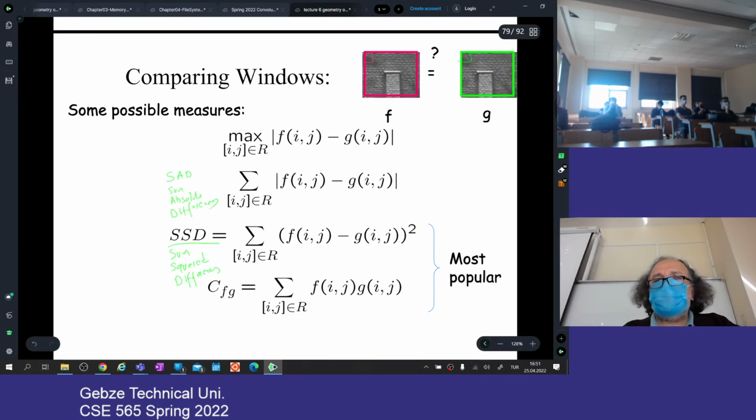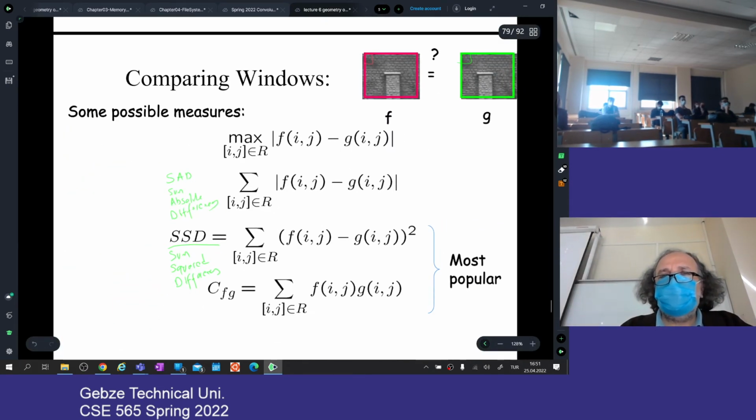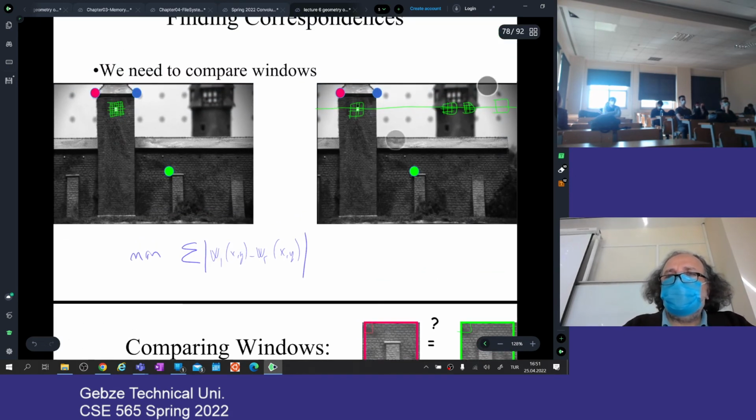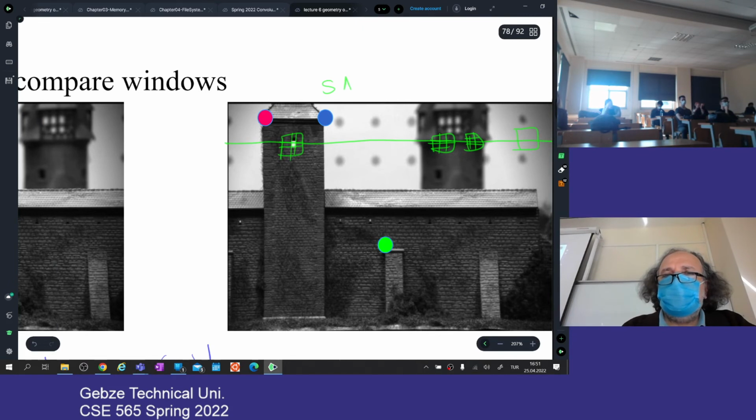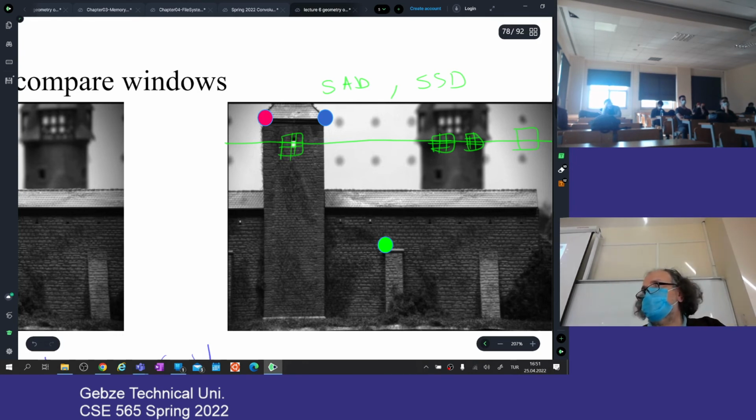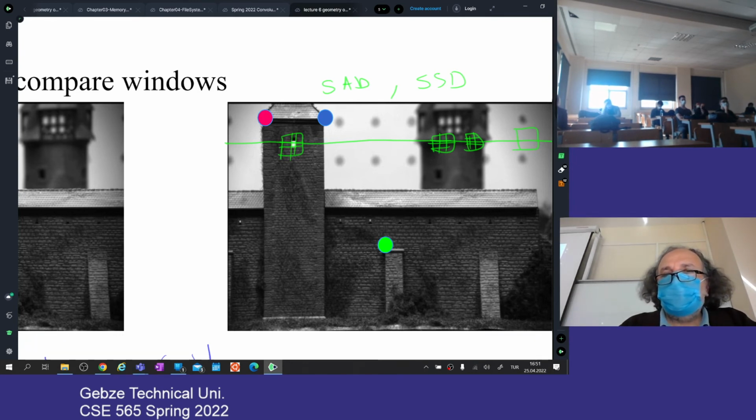This one says that of all the windows, choose the window that minimizes this SAD value, or the other one says that choose the one that minimizes SSD value. Which one would you prefer, SAD or SSD? Why? Who said SSD? Why?